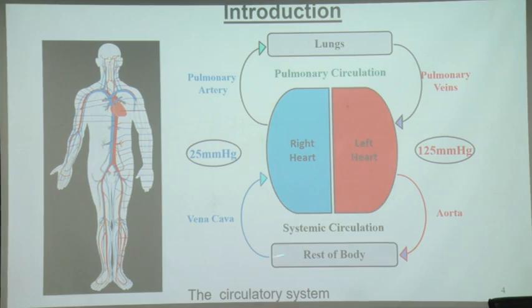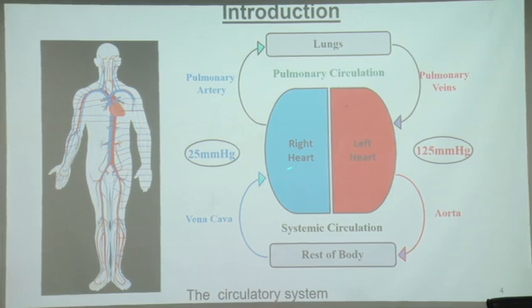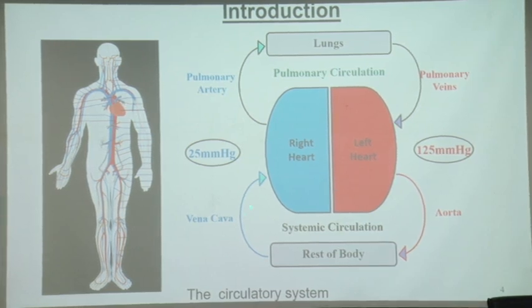Then the blood returns to the right side of the heart through the venous system, and it gets pumped into the lungs through the pulmonary circulation, where gas exchange takes place. The blood that is rich in oxygen is returned to the left side of the heart through the pulmonary veins, ready for another cycle.